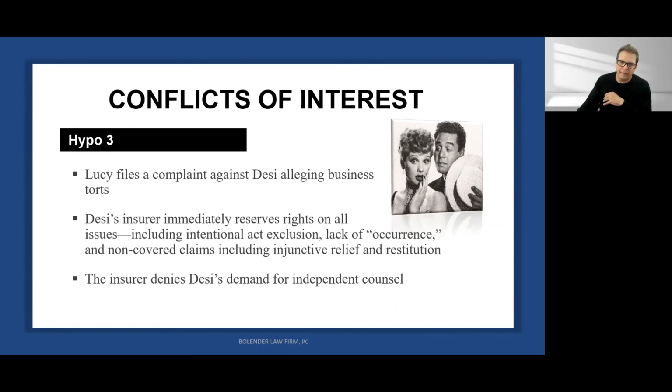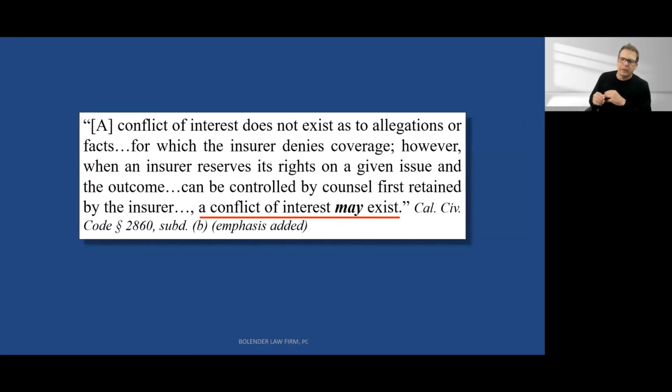Now, why is that? Well, when the California legislature enacted 2860, it wanted to limit the breadth of the Cumis opinion.